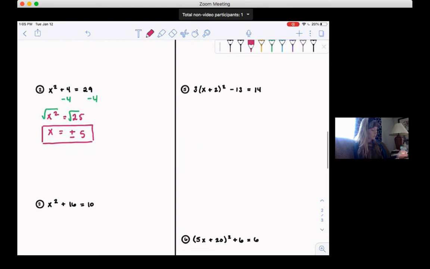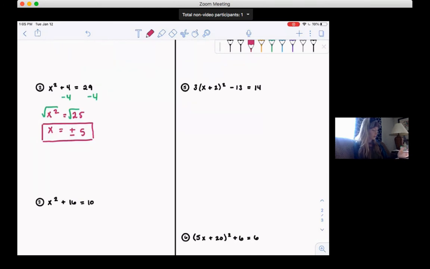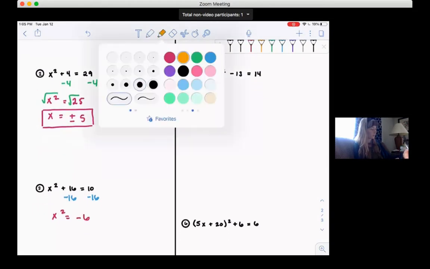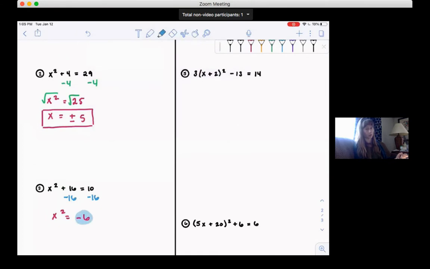Number 3, we also need to isolate x squared, so get it by itself. So we're going to get rid of plus 16 by subtracting 16 from both sides. So that gives us x squared equal to 10 minus 16, which is minus 6. And here we have a red flag going up because x squared can't be equal to a negative number.